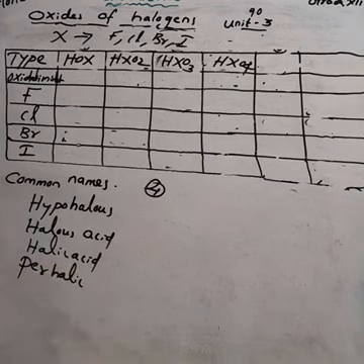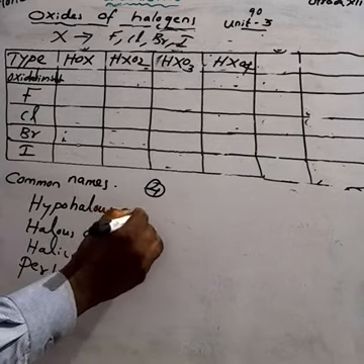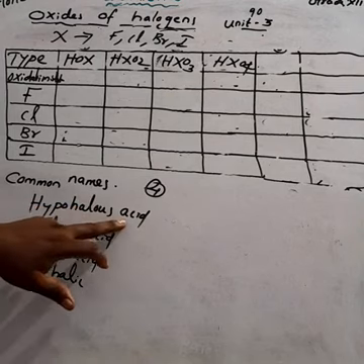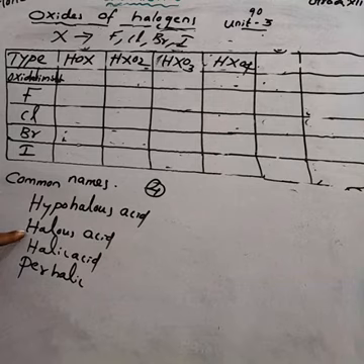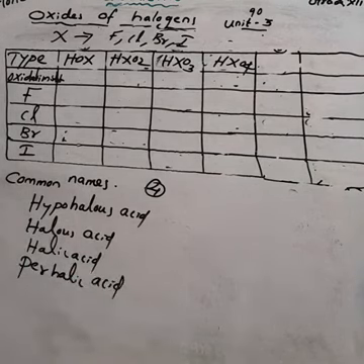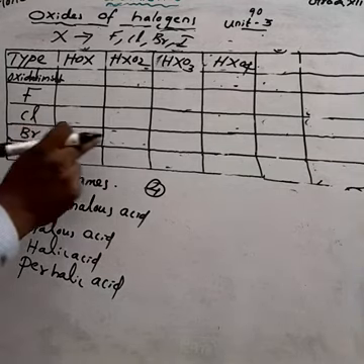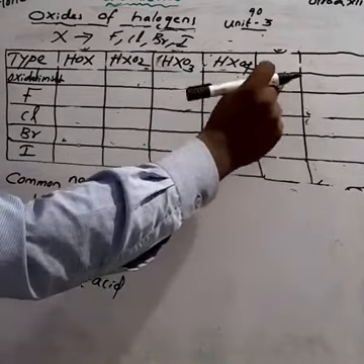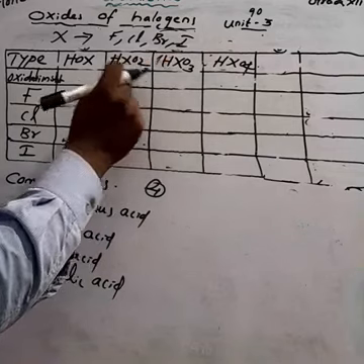Can you clear? Hypohalous acid, halous acid, halic acid, perhalic acid. These are the 4 common names.